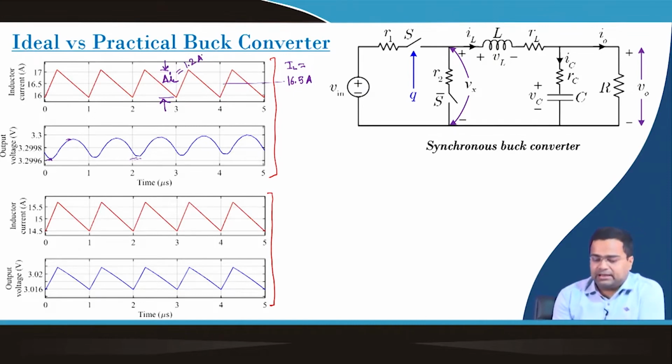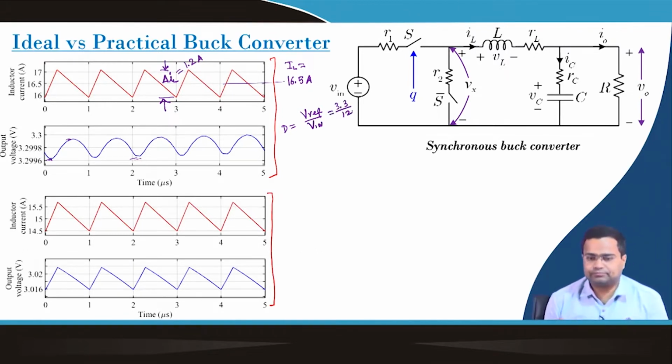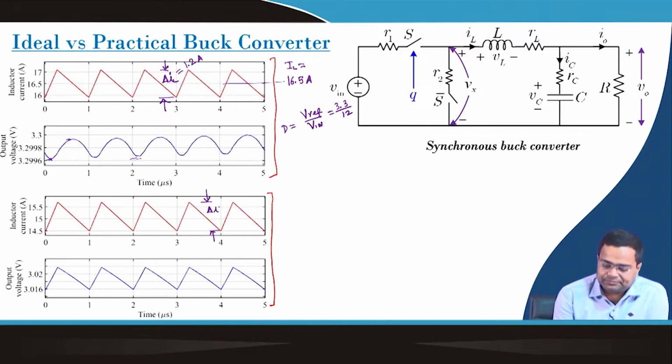Now, what will happen in the practical case? In both cases, we consider D equal to Vref by Vin, which is 3.3 by 12. You see, the ripple current in this case remains more or less 1.2 ampere.